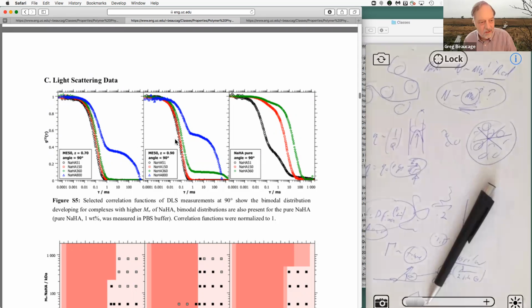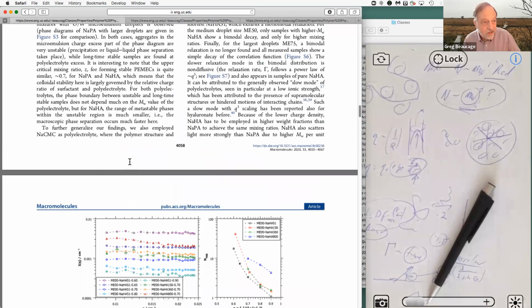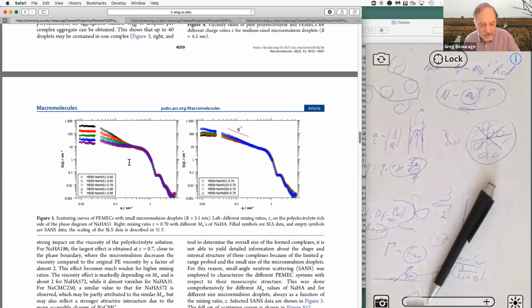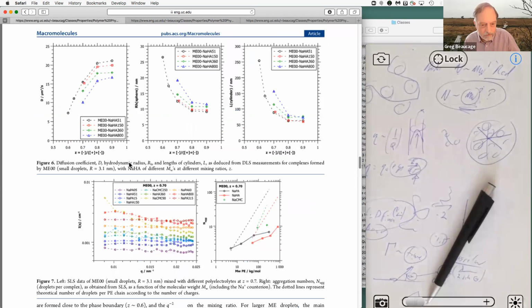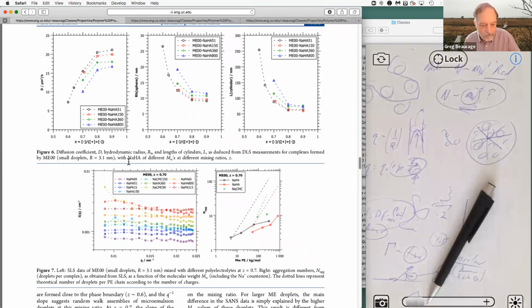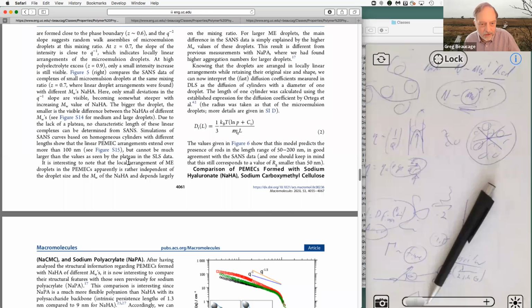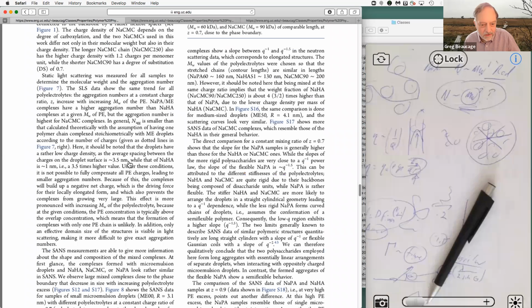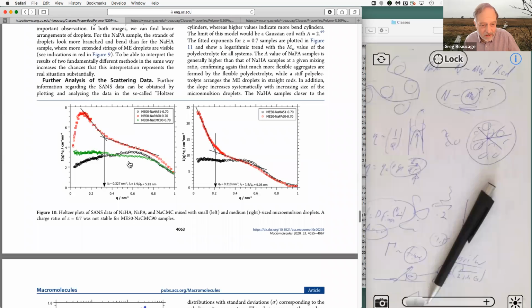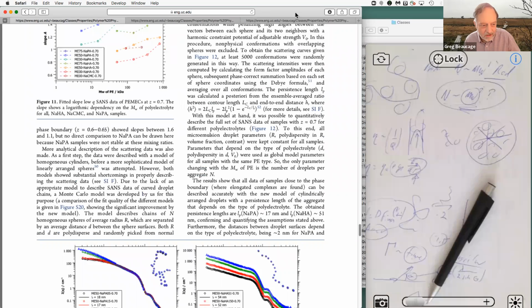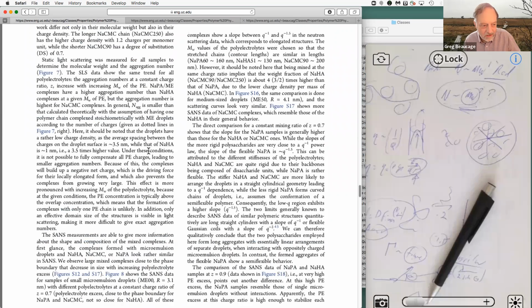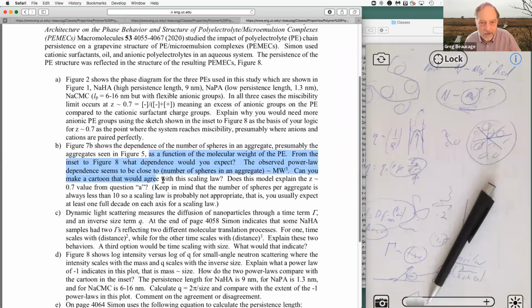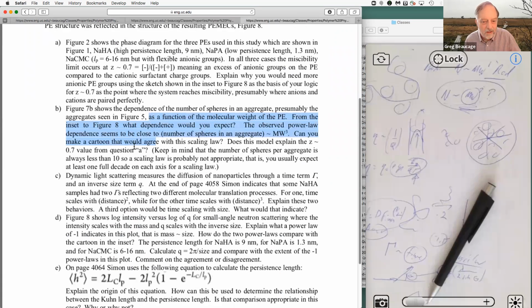The other one has a weird behavior, which he shows in the paper somewhere here. Aggregates, the cylinders. What's that? It's a question. So let me just figure out what the question is.